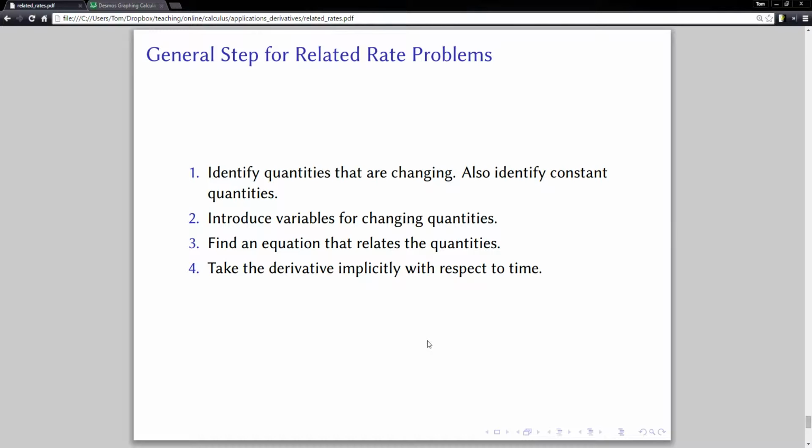Then look through the problem for what you're trying to find, the unknown, and you should be able to find known values for all the other quantities in the derivative by looking at the statement of the problem. So you substitute those in and then solve for the unknown.